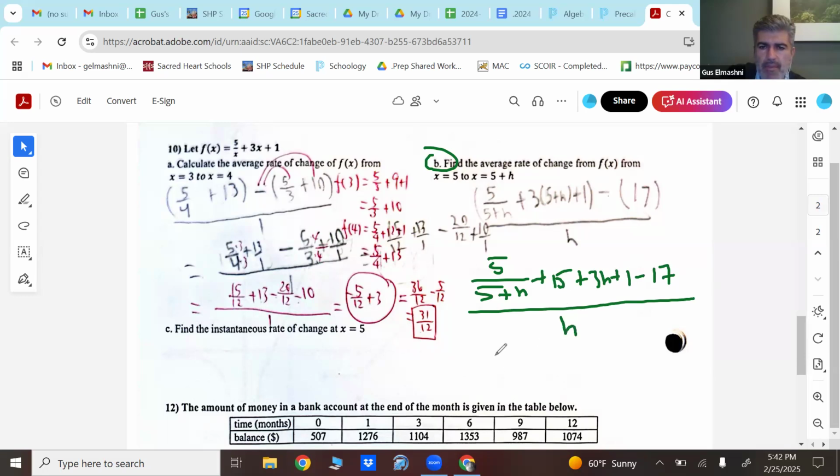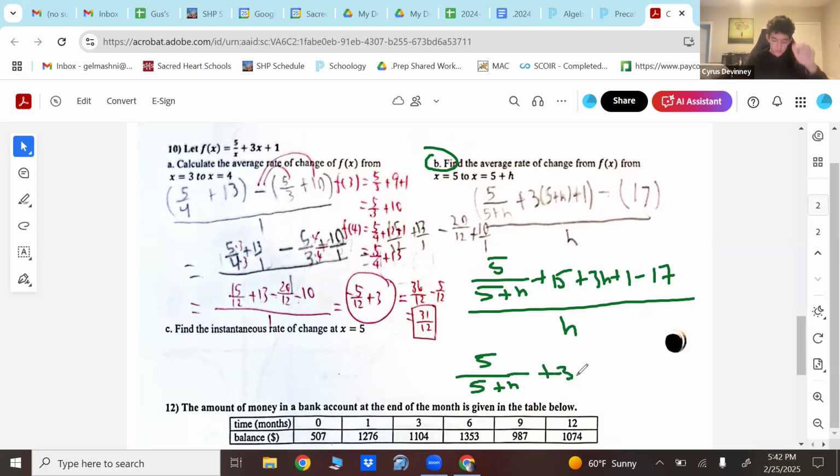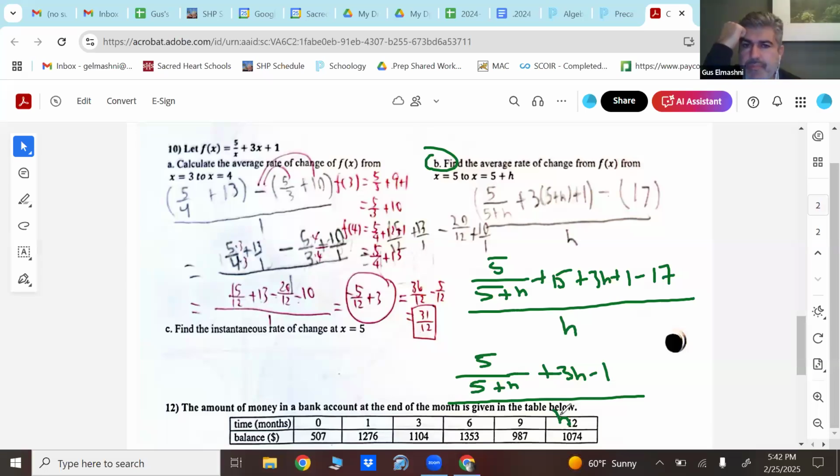So you should get... it's just a very weird problem, but then you need to simplify it, which is going to be a little tricky.